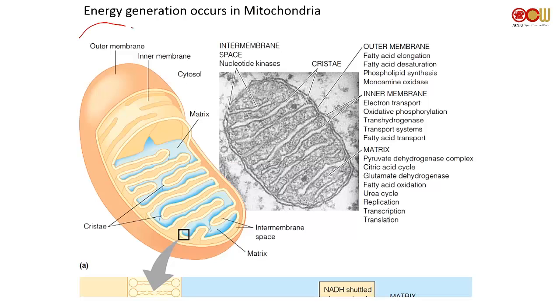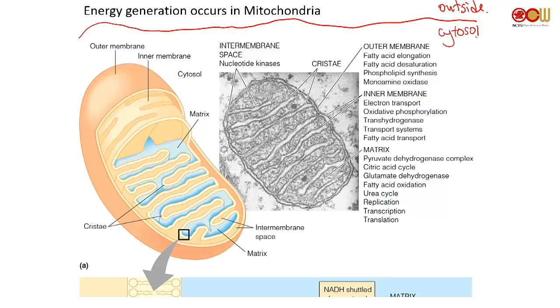Let's say here you have your cell membrane, and this is outside. Here is the cytosol, and then inside is the mitochondria. For example, glucose gets transported into the cytosol, and in the cytosol it's going to do glycolysis.